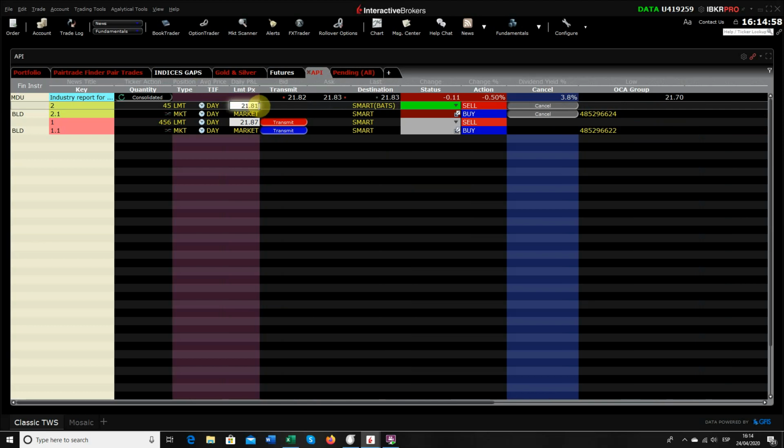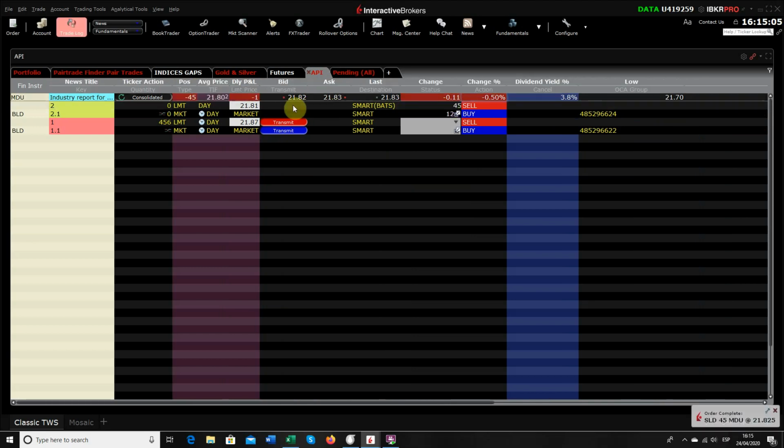We are not getting filled. Very strange. Okay, we got filled. Took a lot longer than I thought, and that's because it's an odd lot.